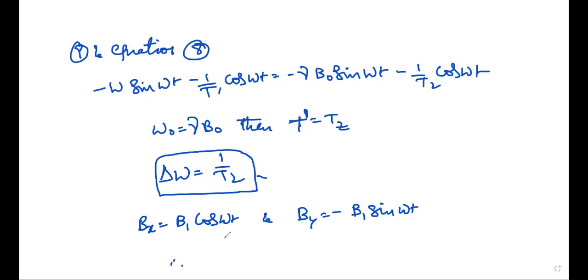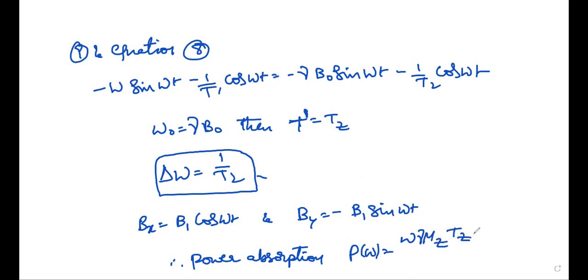Therefore the power absorption is equal to omega gamma Mz T2 whole by 1 plus (omega naught minus omega) whole square.